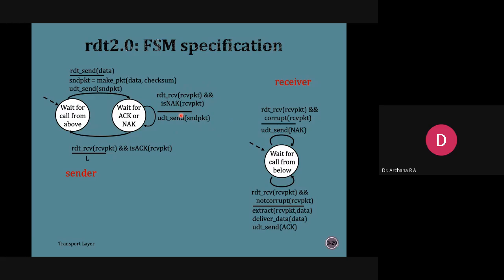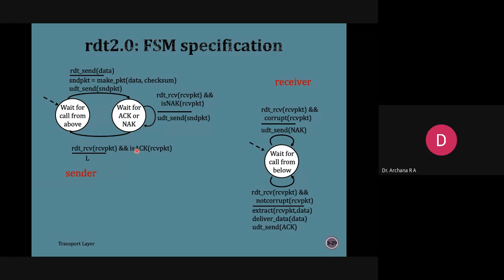It's going to send a message to the sender to retransmit the data. So UDT send the same packet to the receiver. Suppose it receives the packet and it is a positive acknowledgement, ACK.